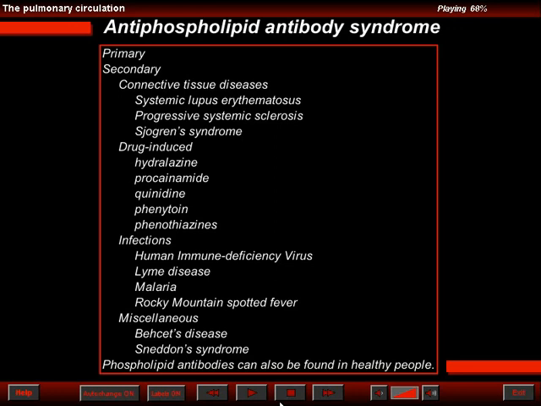Infections include the human immunodeficiency virus, Lyme disease, malaria, and Rocky Mountain spotted fever. Miscellaneous conditions are Behçet's disease and Sneddon's syndrome. Phospholipid antibodies can also be found in healthy people.